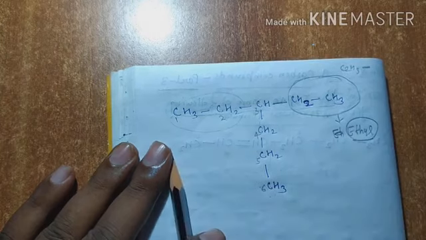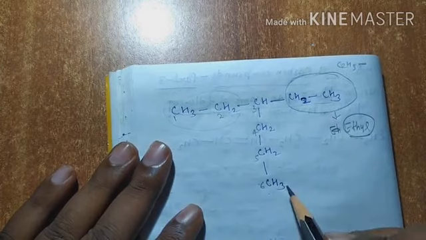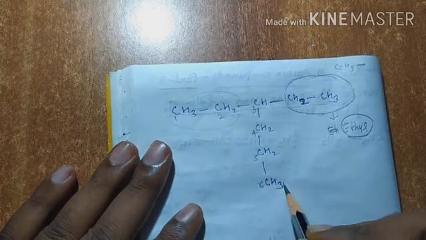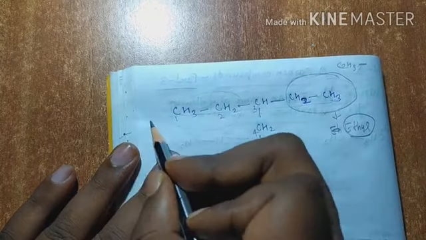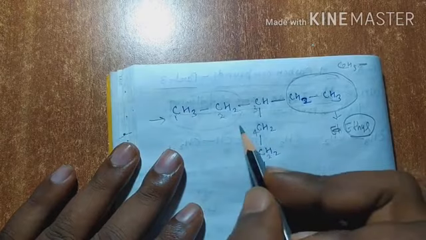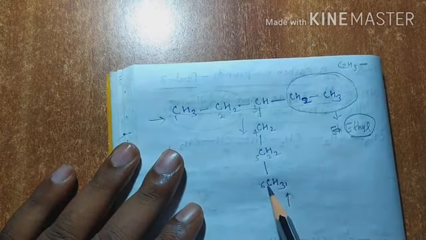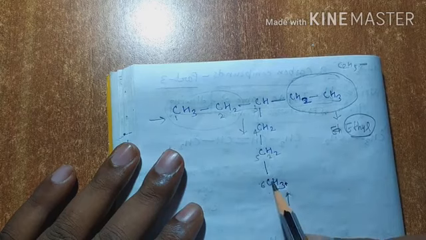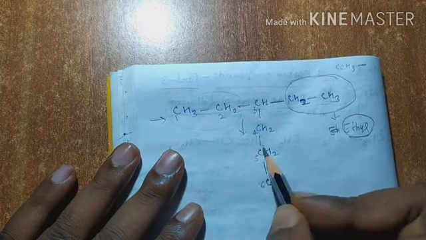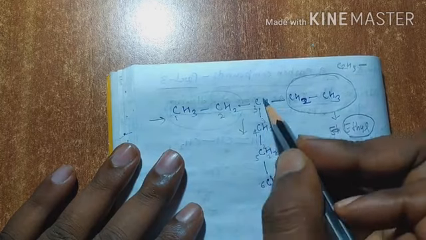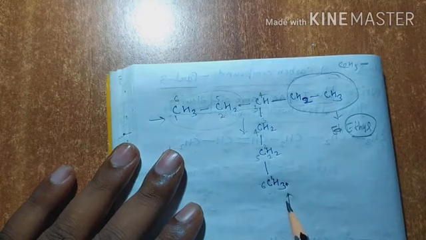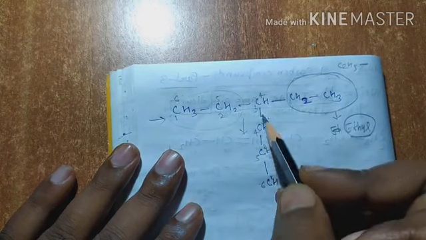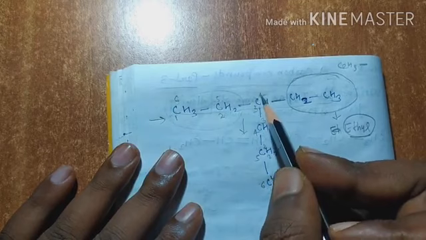And if we give the number from here, this carbon 1, this carbon 2, in this direction, if we give 1, 2, 3, 4, 5, 6, so if we give numbers from downside to upside, this carbon is getting number 4.